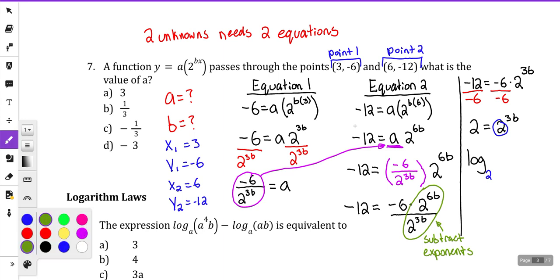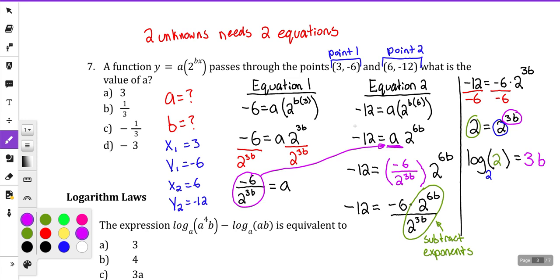The argument goes inside the brackets. That equals the exponent, which is 3b. Log base 2 of 2. You could put that in your calculator if you wanted to calculate it. It's 1. It works out really, really nicely.